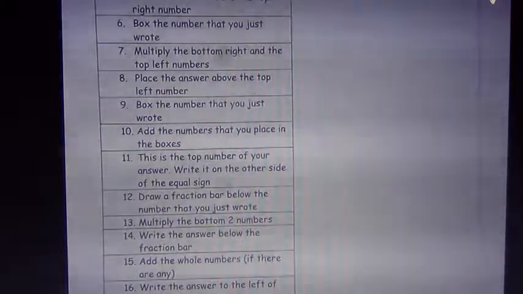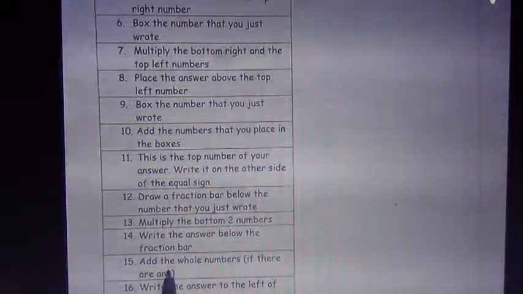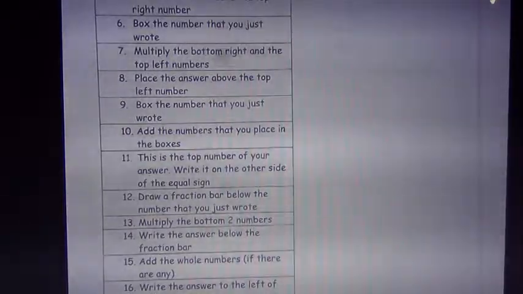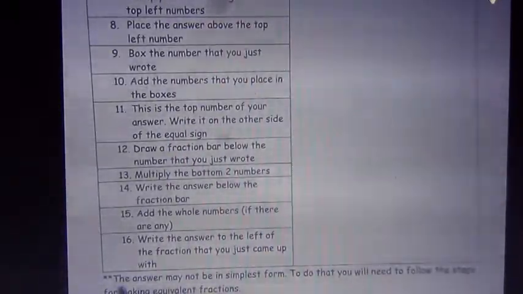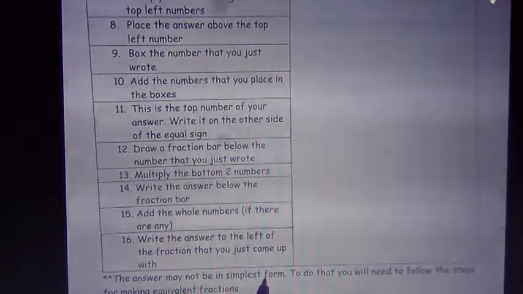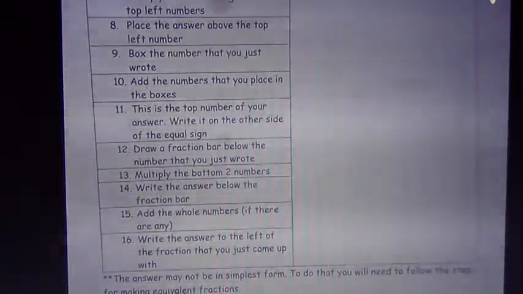Then write the answer to the left of the fraction bar. This goes, 15 and 16 go together, if you have whole numbers. We didn't have whole numbers. And then this note down here on the bottom. The answer may not be in simplest form. To do that, you will need to follow the steps for making equivalent fractions.